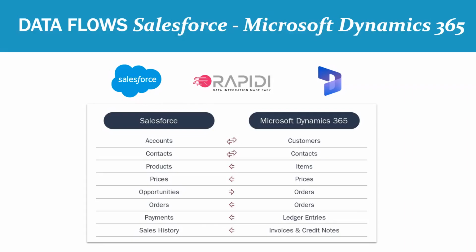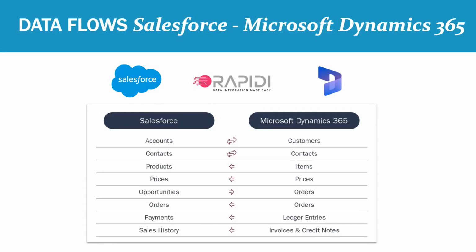Then we have opportunities. In Salesforce, as soon as you have a closed won opportunity, you want to convert that into a sales order. So you can do that via Rapidi, via the mapping templates. As soon as you have the opportunity in that specific stage, that will be the trigger for Rapidi to transfer it to your ERP and create a new sales order.